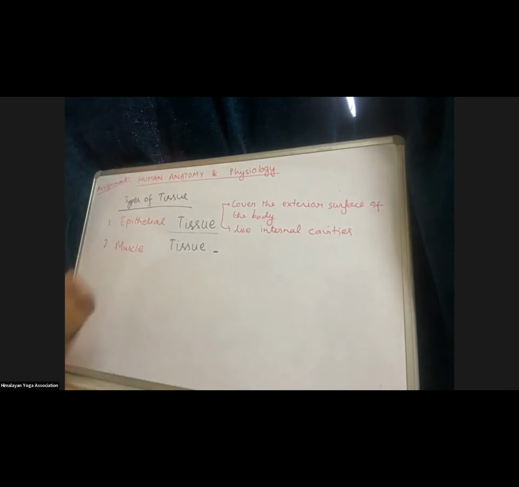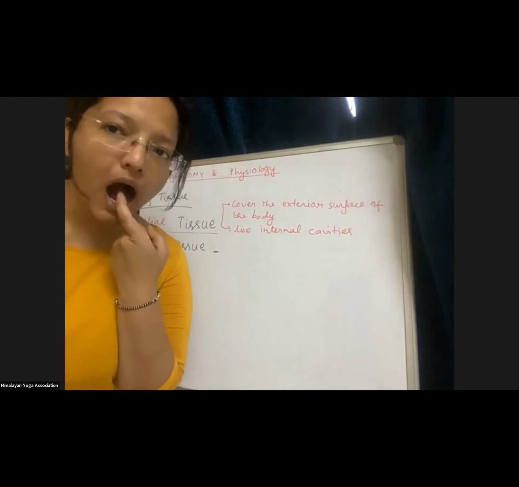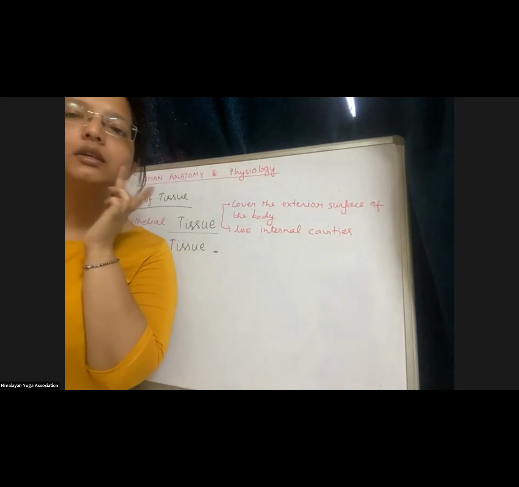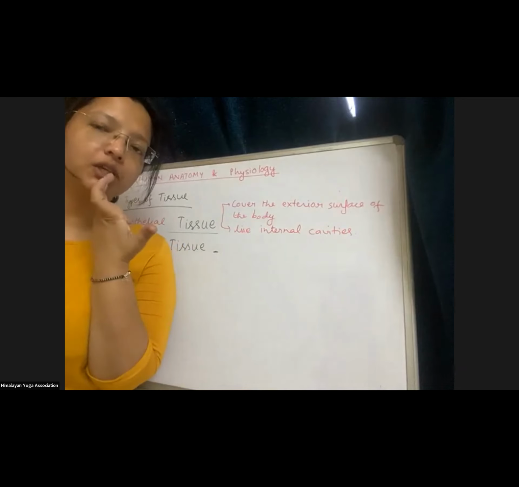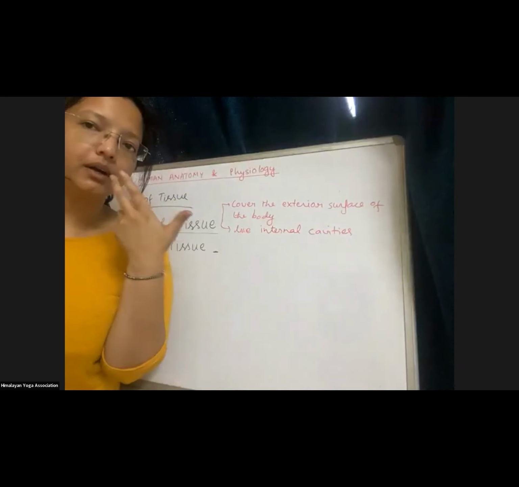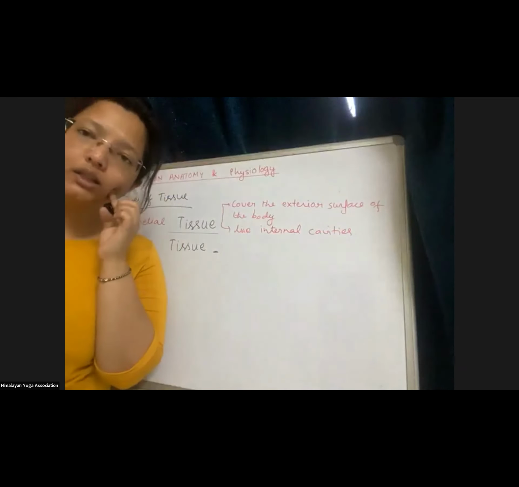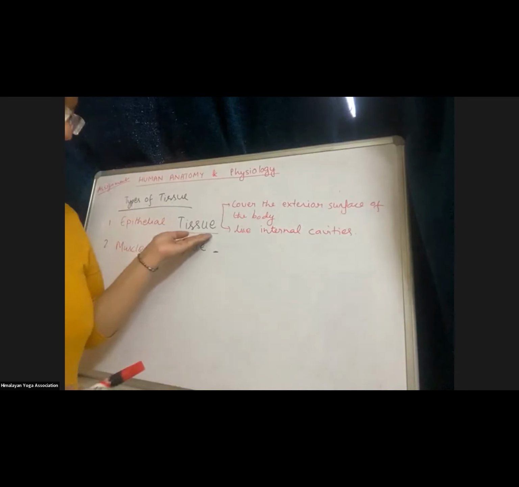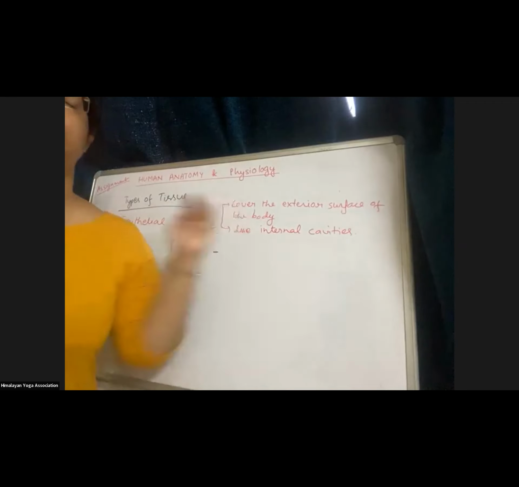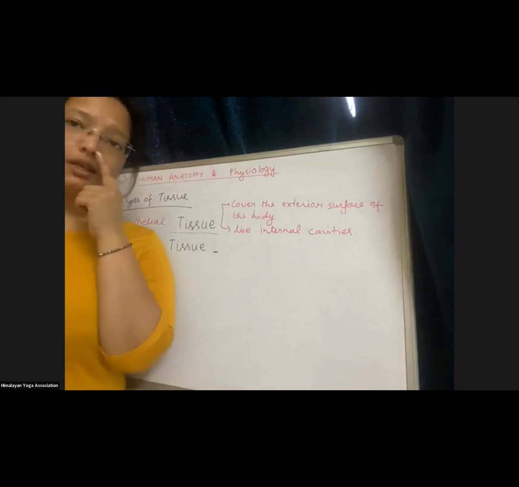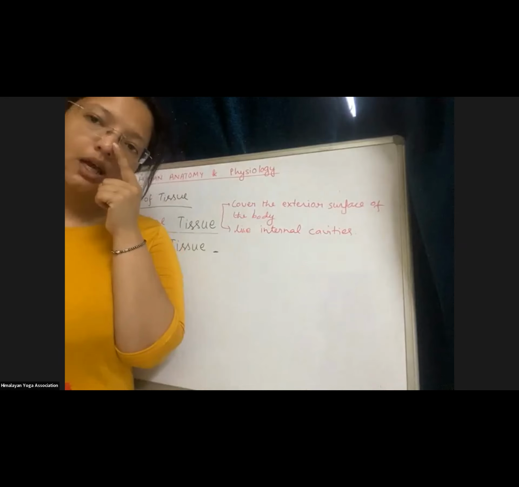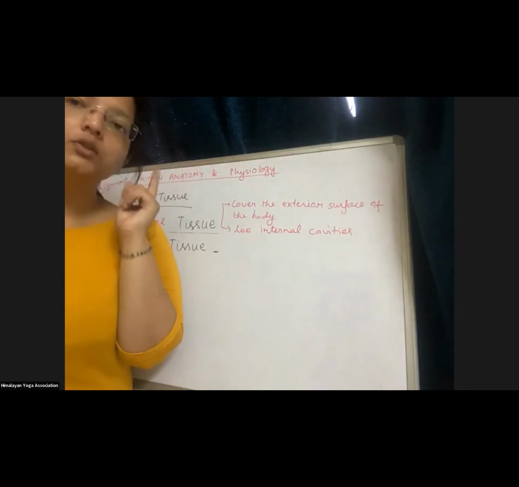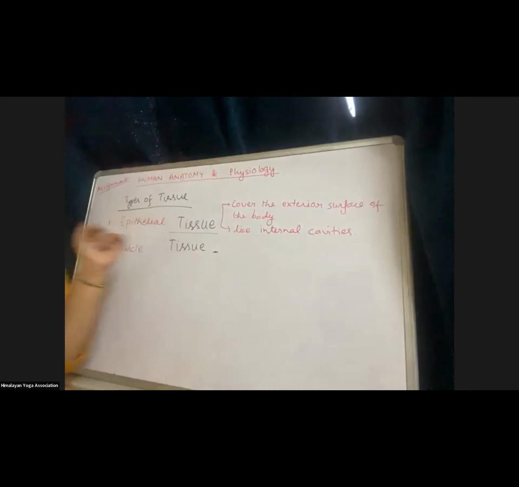Like you see, this is the buccal cavity, the cheek and the inside of the cheek in the interior part. All this is covered by epithelial tissues. They line the internal cavities. So you see here, the nose, this is epithelial tissue, and the inner layer is also made up of epithelial tissues.